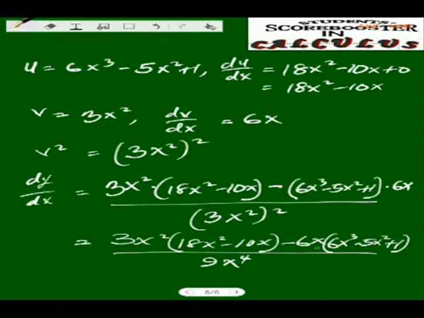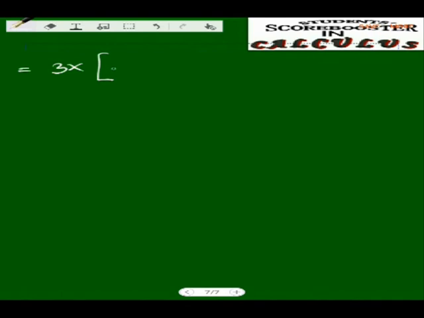So before you open these brackets, sometimes multiplying, dividing, can create some problem. So if you like, it depends on you. But for me, I noticed that there is a common factor here. There is 3 here and there is 3 here. There is x here, there is also x here. So I can bring out those x and use them to cancel the 3 that I have here and the x that I have here. So if I do that, I can bring out 3x. Then open these brackets.